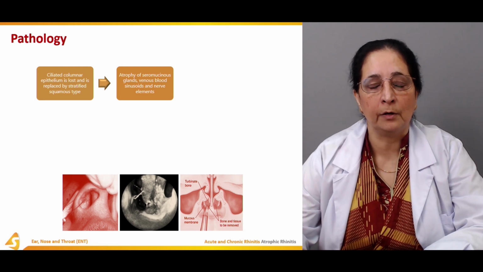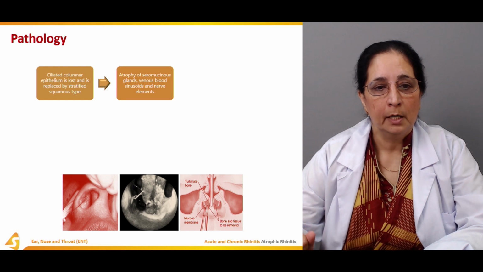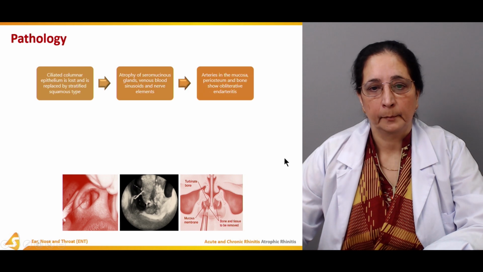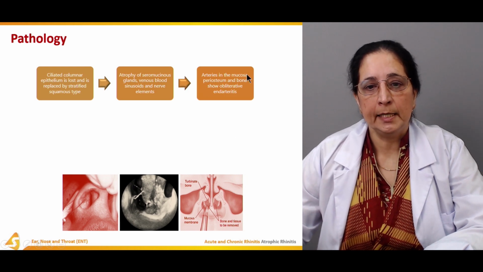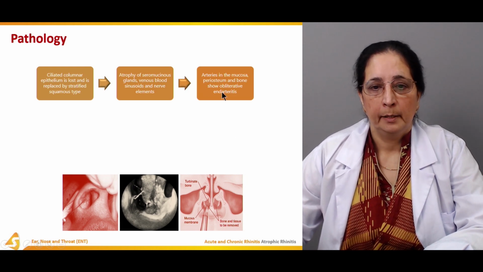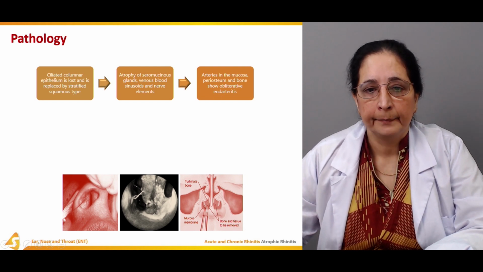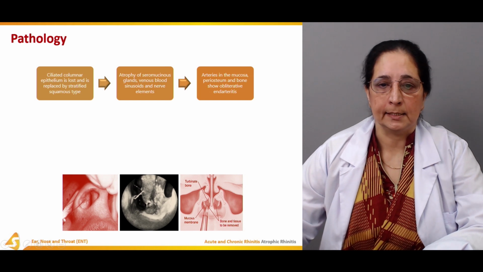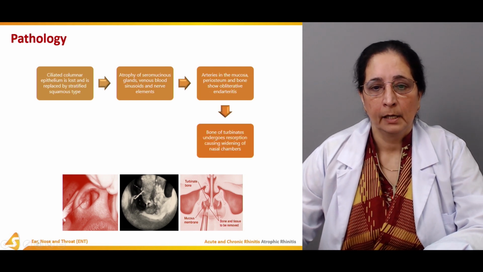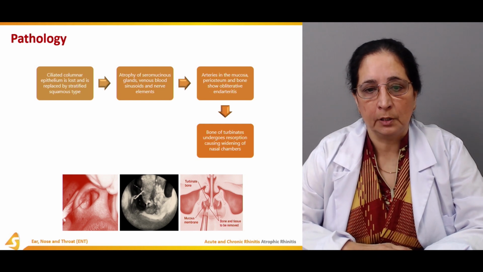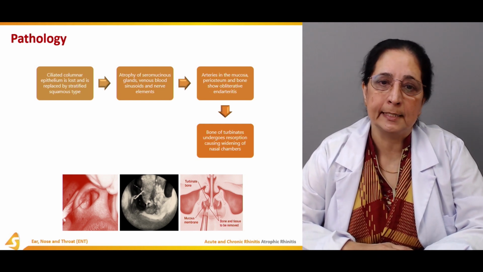There is change of ciliated columnar epithelium to stratified squamous type. The arteries in the mucosa, periosteum, and bone show obliterative arteritis. Bone of the turbinate undergoes resorption, causing widening of the nasal chamber.